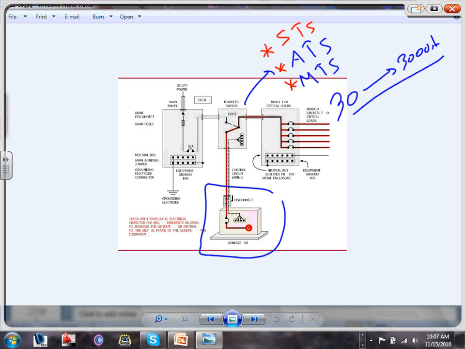Mr. Bew, since you mentioned it, it will transfer within a quarter of a cycle, so your eye and my eye will not be able to see any interruption in the power. They use it a lot with electronics equipment. It's not required for an emergency system. A static transfer switch transfers within half a cycle or a quarter of a cycle, so it's fast enough that you can't see the light go off.